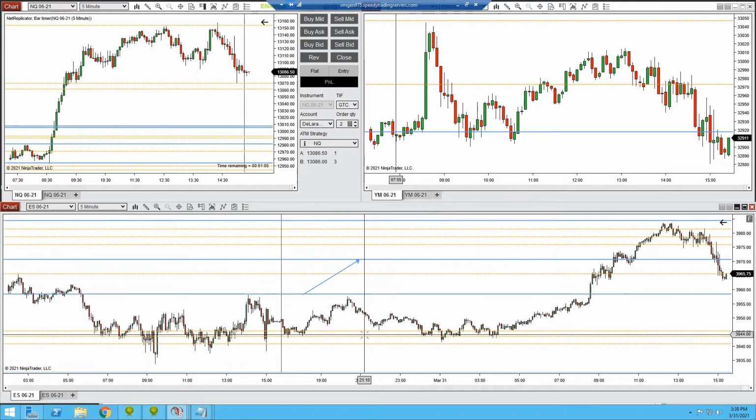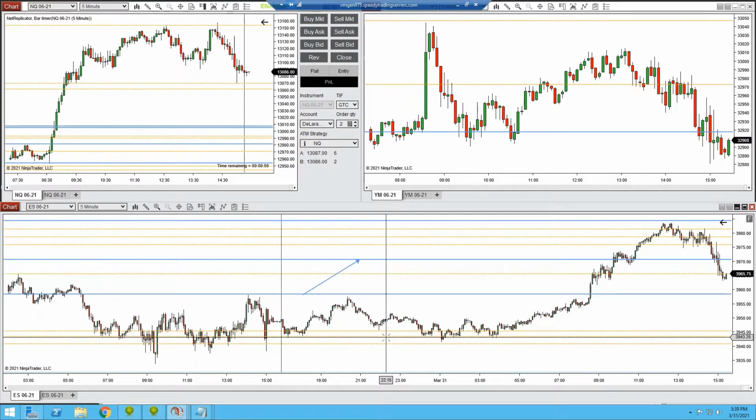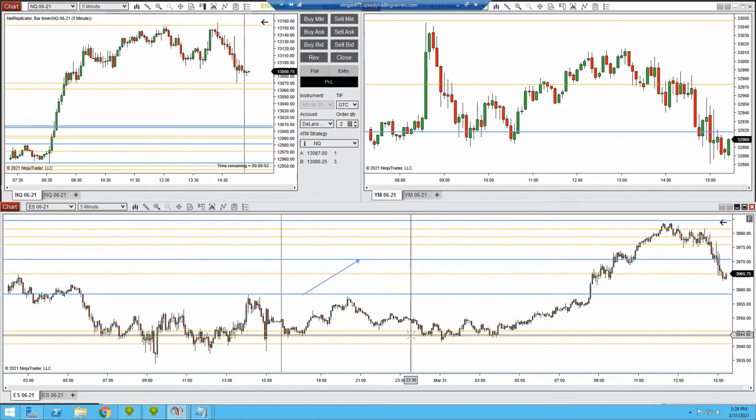When we have this consolidation down here, moving from 40 to 43 to 45, 2 or 3 points at a time, that's not a lot of movement. We're not trading prediction points to scalp 1 or 2 points.